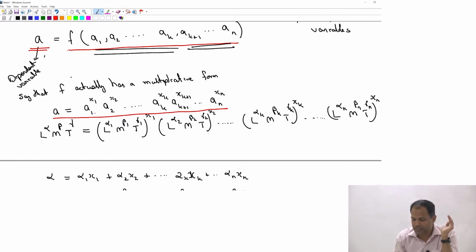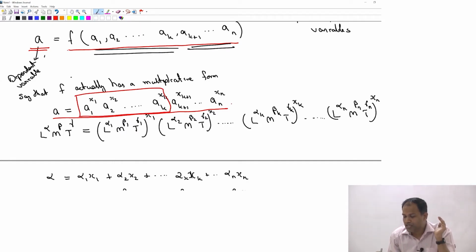Now the idea is that we are going to represent the variables we select as the fixed ones, this particular set, in terms of the independent ones. So the dimensions of the (k+1)th variable we are going to write in terms of the dimensions of a1, a2 and so on.